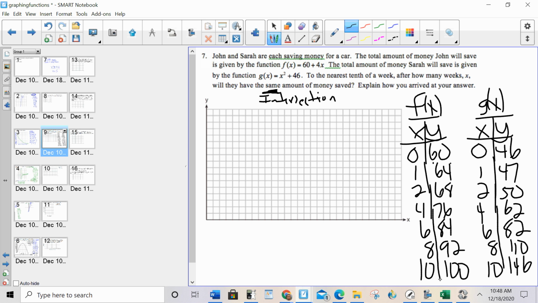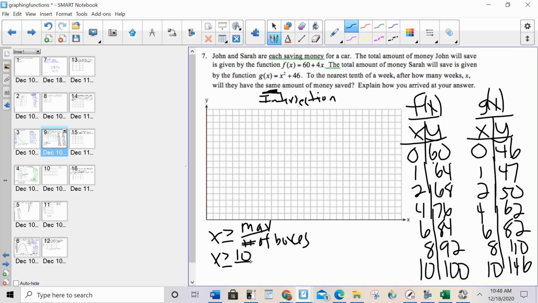Now, scale for the x's. Again, for scale, it's greater than or equal to the max divided by the number of boxes. So in this case, the maximum x value is 10. The number of boxes, 1, 2, 3, 4, 5, 6, 7, 8, 9, 10.